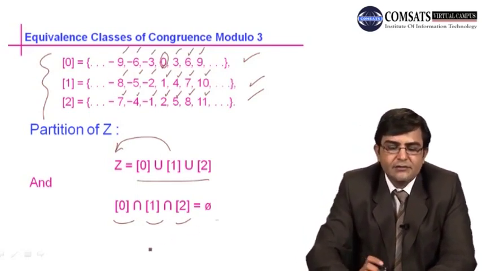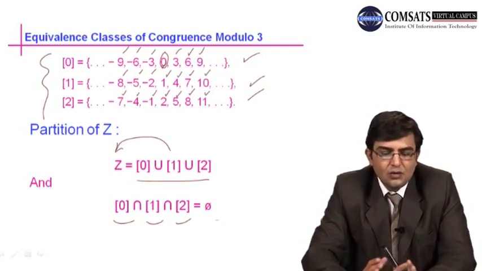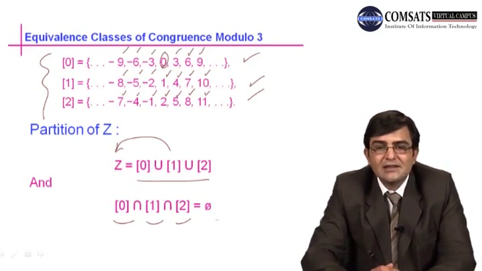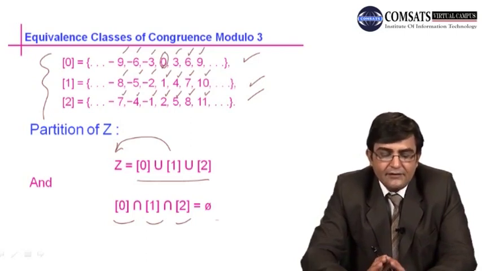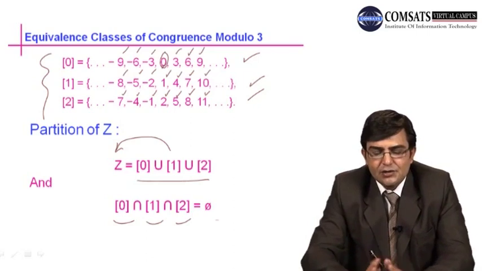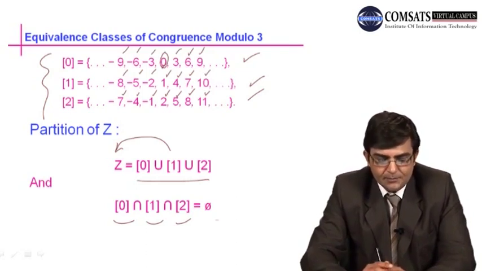If we take the intersection of any two classes, there is not a single element common to them. So the equivalence classes of congruence modulo 3 have divided Z into a partition, according to the definition of partition which we discussed in the previous lecture.